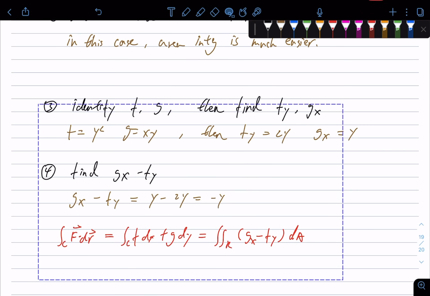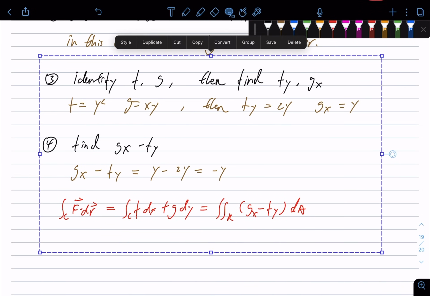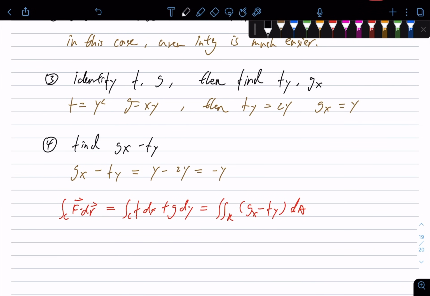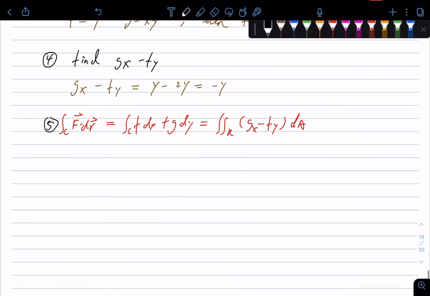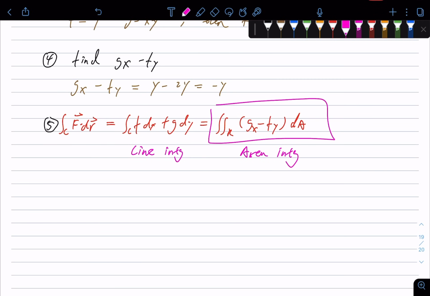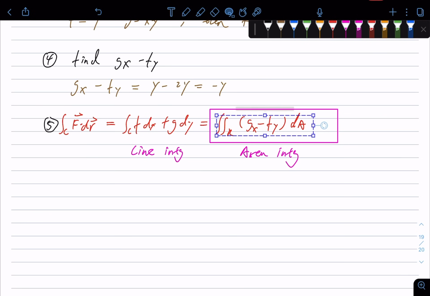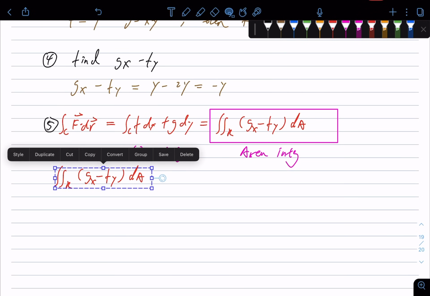We have all the things we need to construct our integral. We don't compute this part, which is the line integral part. This is the area integral part. We're only going to compute this integral. So this will give us.